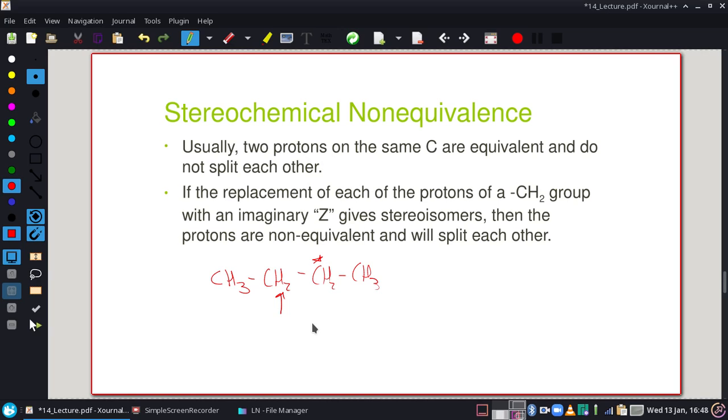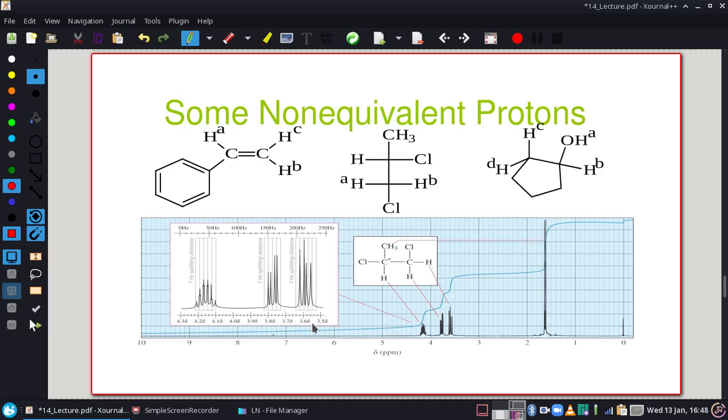All right, let me go to an actual example where this happens. This particular molecule right here has an asymmetrical center, and right adjacent to it is a CH2. This particular CH2, and only this one, has a very slightly different splitting pattern.